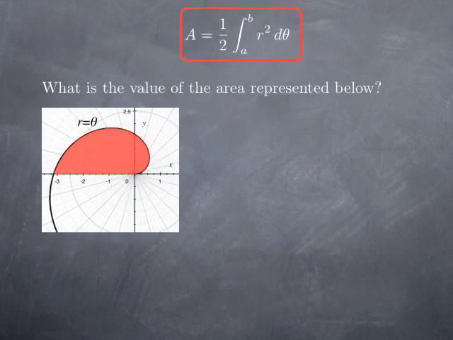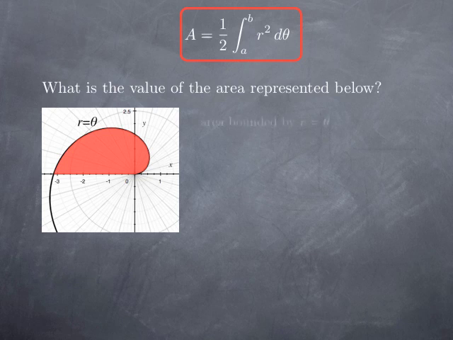So to look at an example, what is the value of the area represented here, where the bounding polar curve is r equals theta, it's a spiral, and we take the part of the area enclosed by this spiral that is shaded in red on this picture.